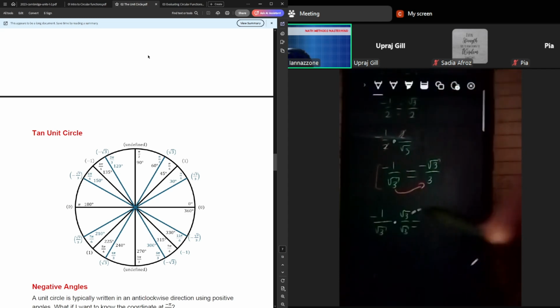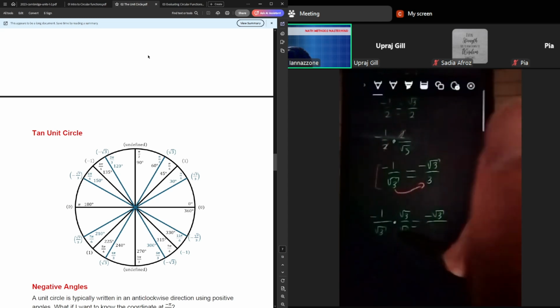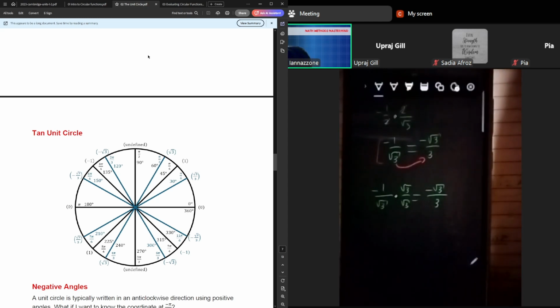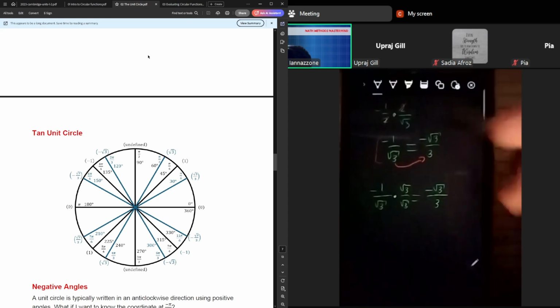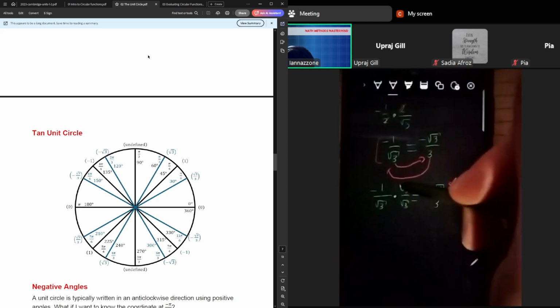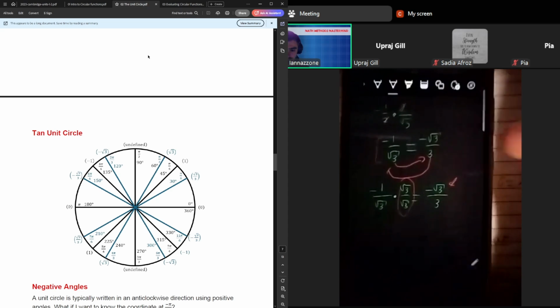And then you're going to get negative root 3 on top, and root 3 times root 3 on the bottom. Those roots cancel down to just giving 3. That's all that is. And it does the exact same thing if you wanted to go from right to left as well. You do the exact same multiplication, but that'll put it in the bottom instead of the top.